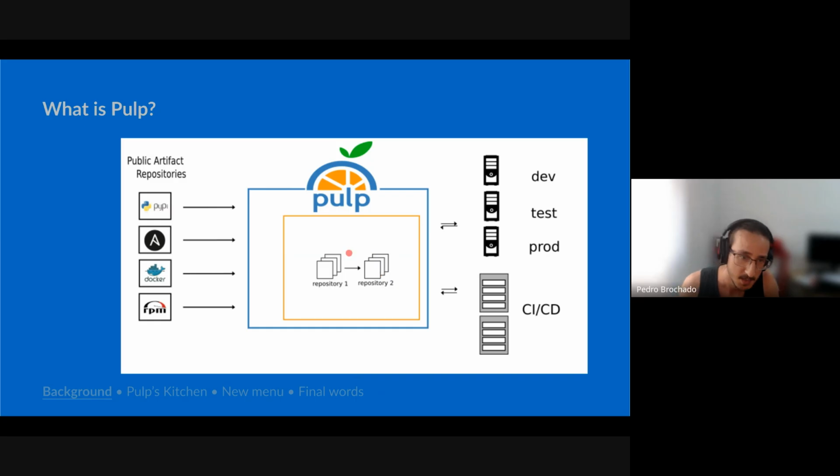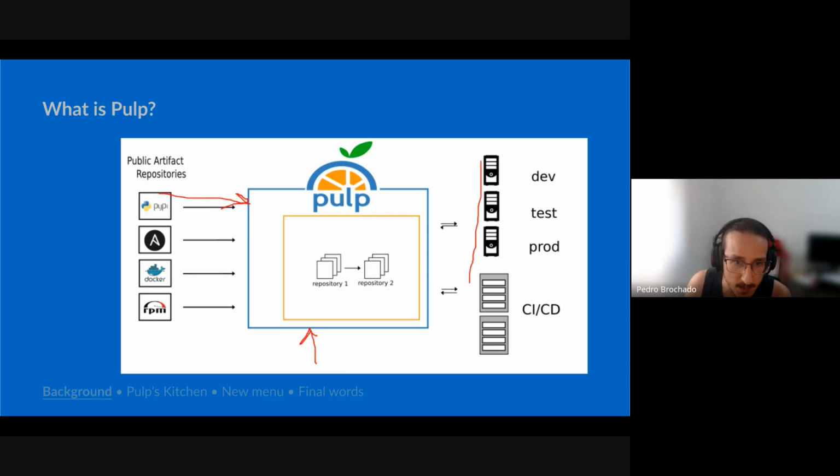If your organization needs this kind of service, you can do two things to get content there. You can upload, or you can perform a sync operation, which gets content from an external repository. These are two base operations you can do with Pulp and are relevant to this talk.